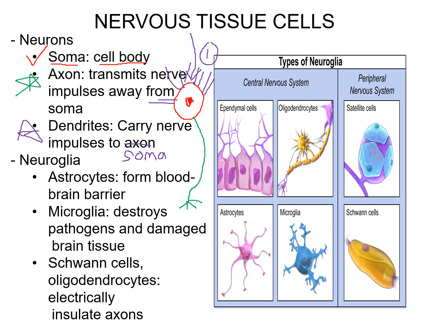So let's do that. As the electricity goes from the dendrites to the cell body, then the cell body sends it away down the axon, as you can read in your notes. Axon transmits nerve impulses away from the soma, from the cell body.